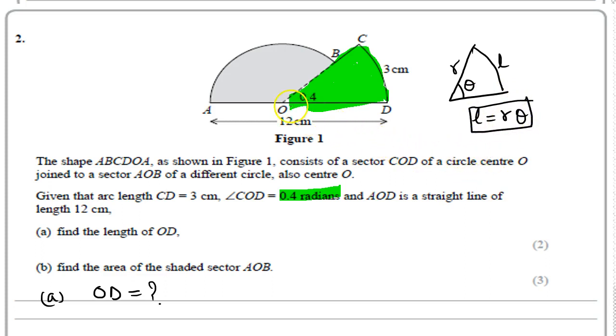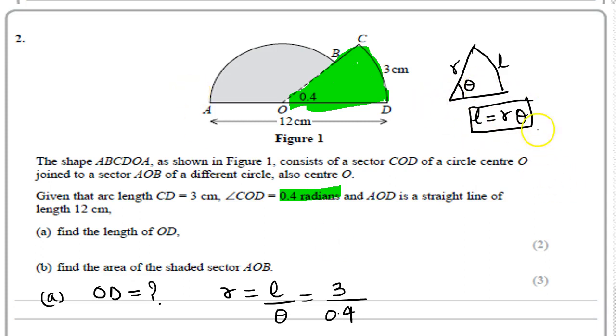We need to calculate OD, which is R, so R equals L divided by theta, and make sure that theta is in radian. The length of arc L is 3 and theta is 0.4 radian. Once you divide 3 by 0.4, what do you get? You get R is 7.5.